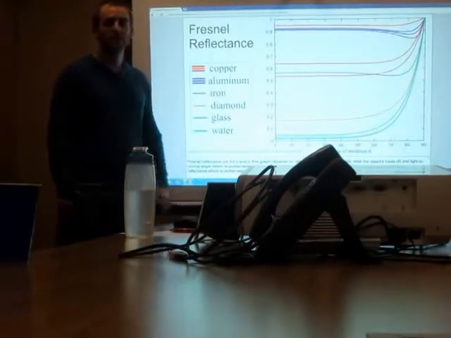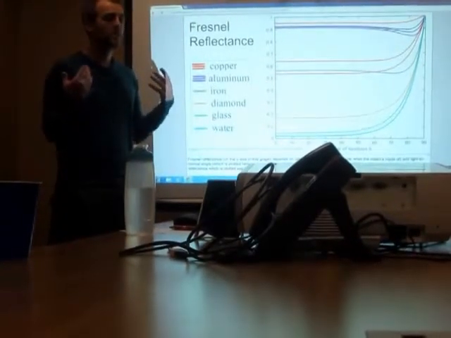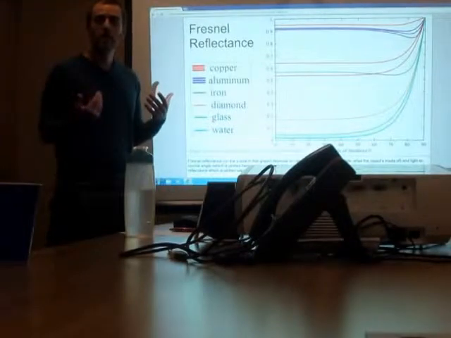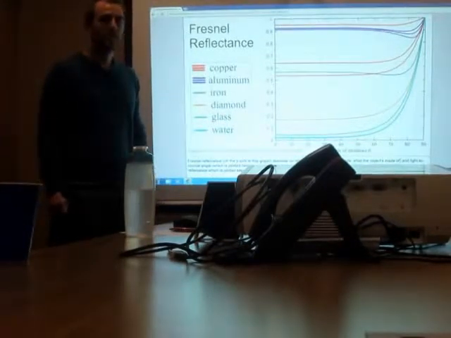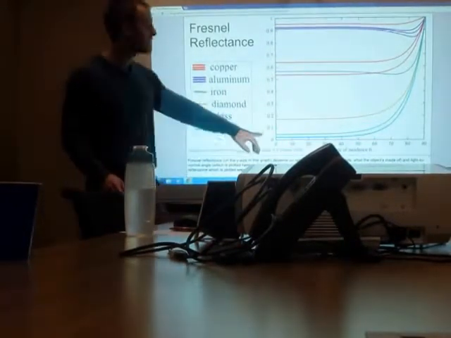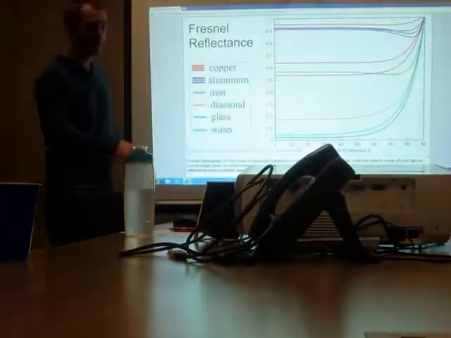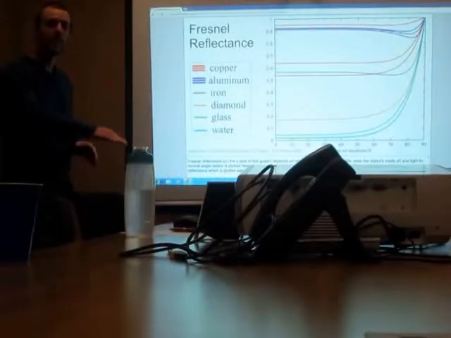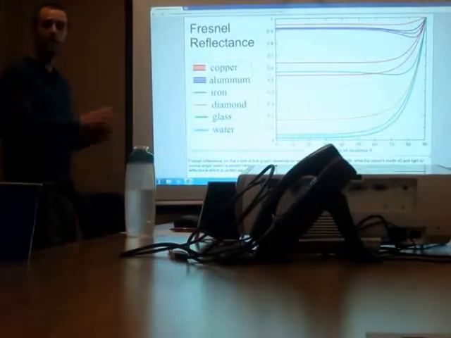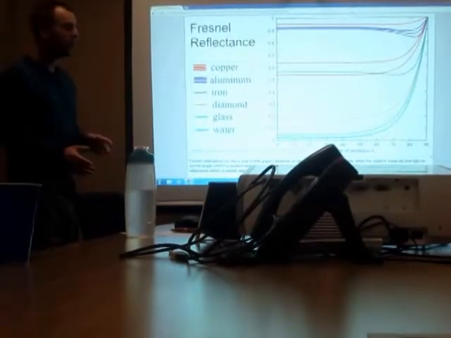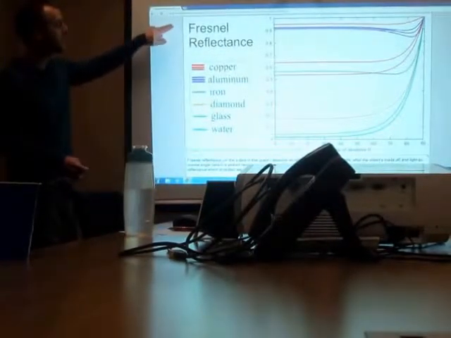It reflects very little. Like, it's really hard to see your face if you were looking down on water. It's really easy to see somebody else's face if you were looking at a grazing angle to water and somebody else was in the water. You can easily see their face. And that's the Fresnel effect.